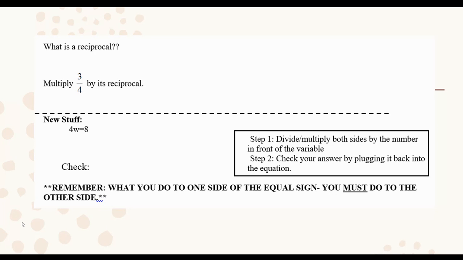If you flip your page there, now we're going to be talking about multiplying and dividing. So what is a reciprocal? The big word here is flip. A reciprocal is when you flip a fraction. So the reciprocal of 3/4 would be 4/3. For example, the reciprocal of 1/2 would be 2/1.